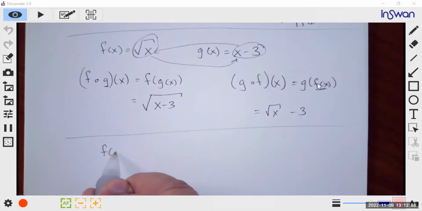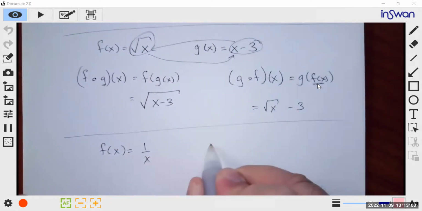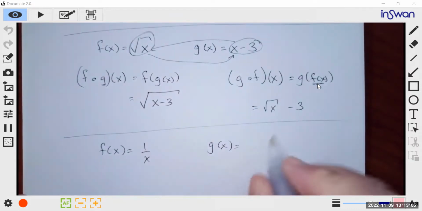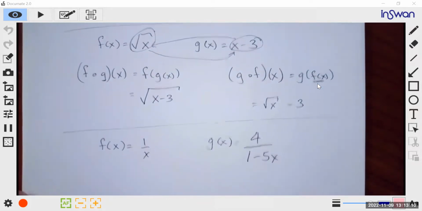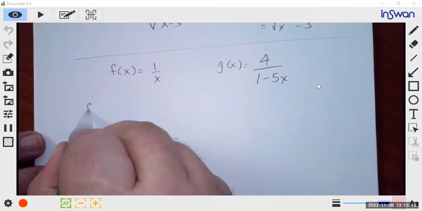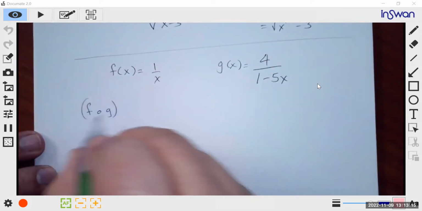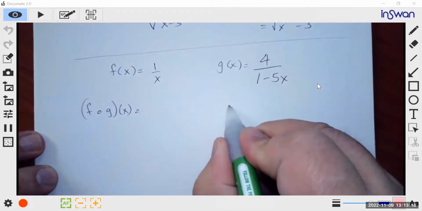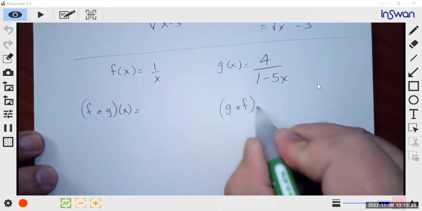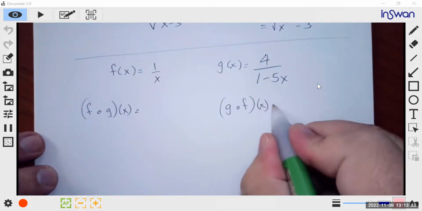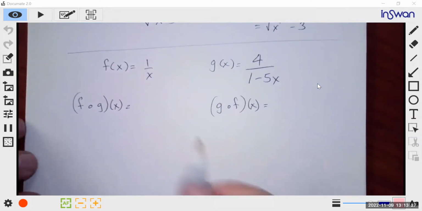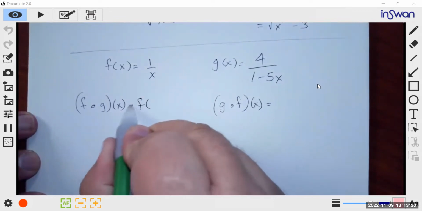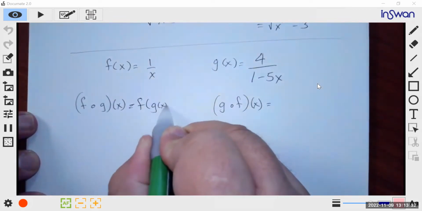What if we had fractions? Again, what this one means is the g of x goes inside the f of x.